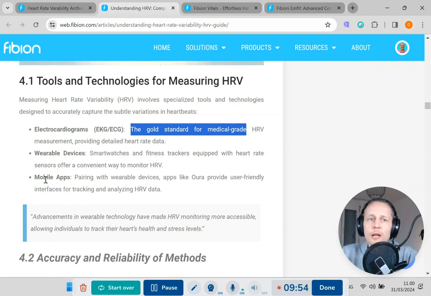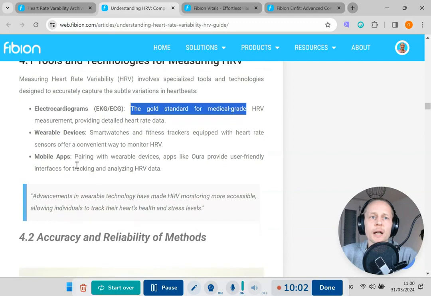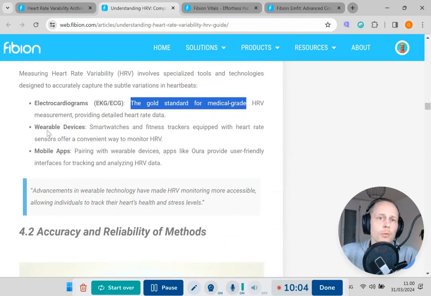You will get the most accurate results when you are actually measuring the electrical activity of the heart. With the high sampling frequency, you can detect the RR points very accurately. Then there are wearable devices and other fitness trackers, and they are usually measuring it from, for example, the wrist, and you get it pretty accurately, but it's not as accurate as an electrocardiogram.